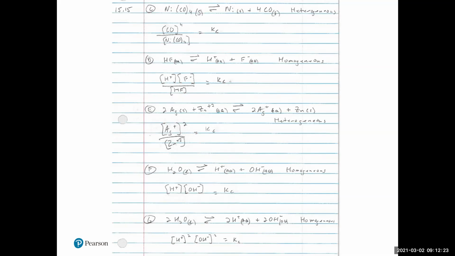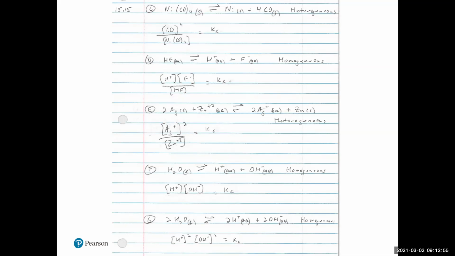Right, they're pure substances. So remember we said if it's a pure substance, then it has a value of 1. If it has a value of 1, it doesn't show up in the expression, okay? So that's why here, and how do we know these are pure? The definition of pure substance was it's a solid or a single component compound, or it's a pure liquid. And so we know we have two solids here.